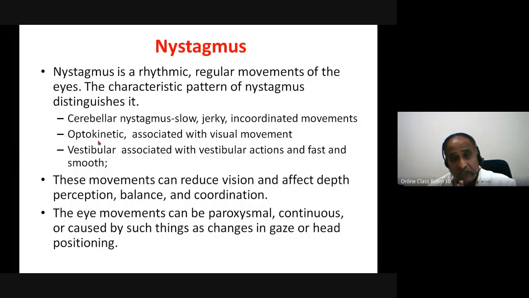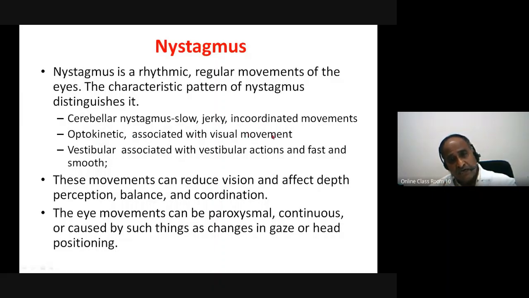The vestibular system is also associated with nystagmus. It will also produce rolling of the eyeball, and these movements are fast and smooth. The vestibular ones are not controllable. So now coming back, the cerebellar nystagmus is slow, jerky, incoordinated, not smooth.